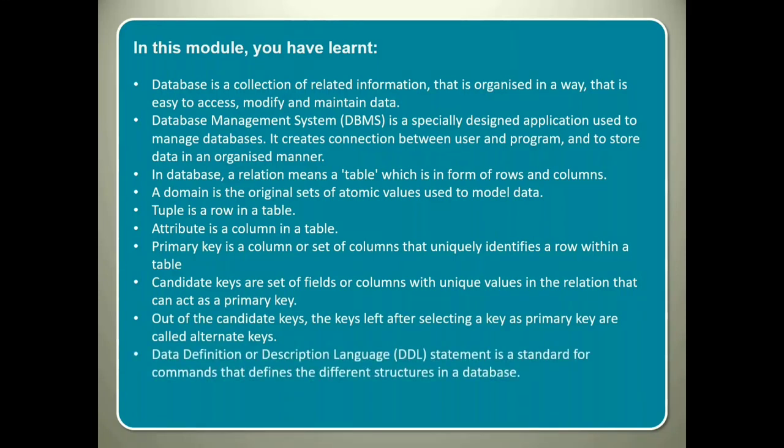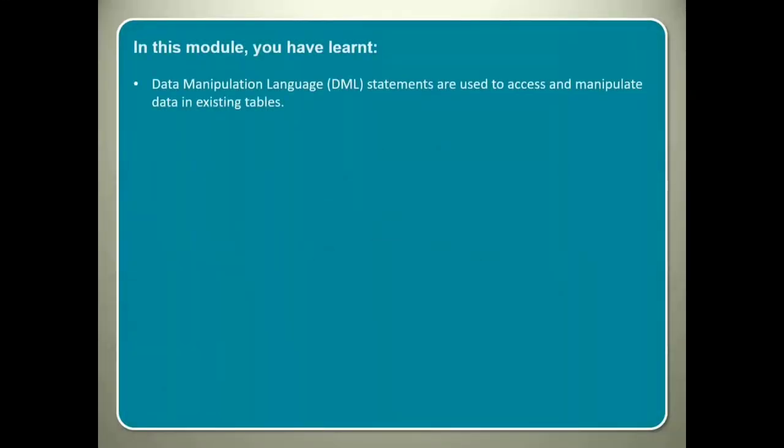Data definition or description language (DDL) statement is a standard for commands that defines the different structures in a database. Data manipulation language (DML) statements are used to access and manipulate data in existing tables.